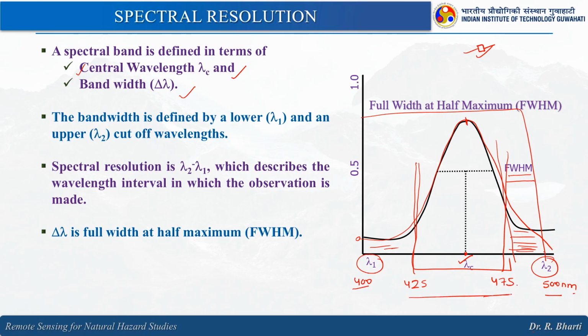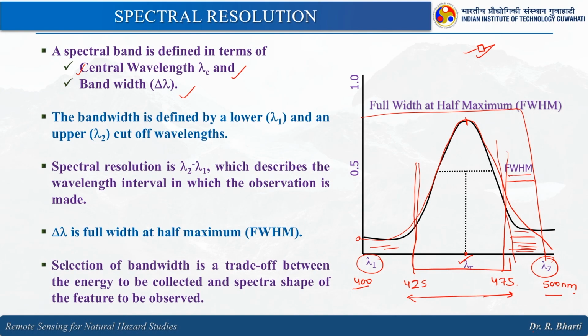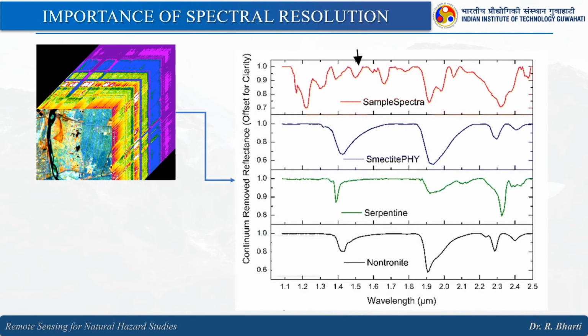So this is the actual wavelength range where this detector is sensitive. Selection of bandwidth is a trade-off between the energy to be collected and the spectral shape of the feature to be observed. So when we decide which kind of detector we should use in our sensor, it is based on the mission or the target or objective of this particular sensor development.